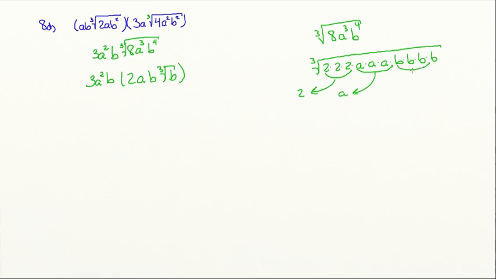We have 4 b's, so 3 of them will make your group, and then that's your leftover b. Now we can multiply the numbers here together, so 3 times 2 is 6. A squared times a is a cubed. B times b is b squared, and that poor little cube root b is all by himself.